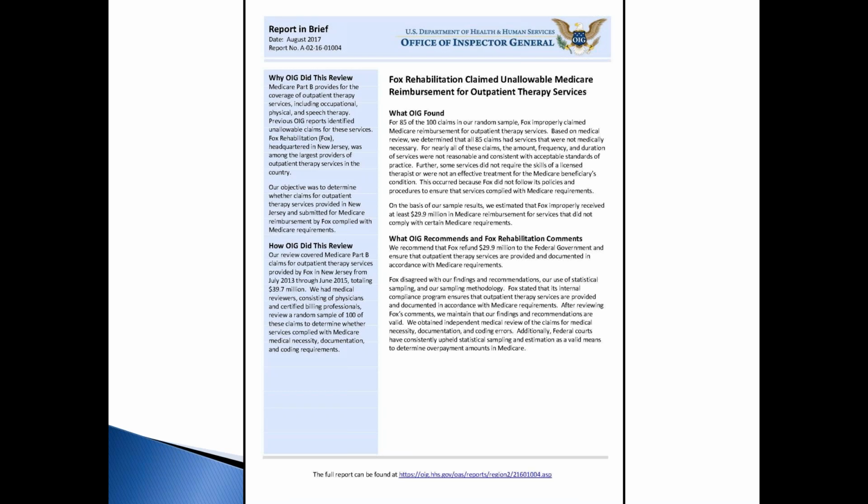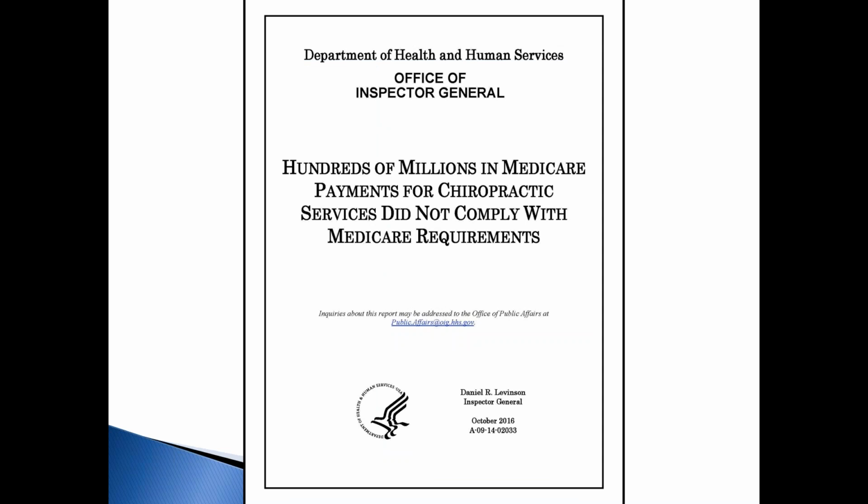This is a physical therapy center that had to give back $29 million for improperly billing Medicare. There's another report that came out not too long ago on chiropractic. Hundreds of millions in Medicare payments for chiropractic services did not comply with Medicare requirements. So Medicare just wants to make sure that we are doing our best.